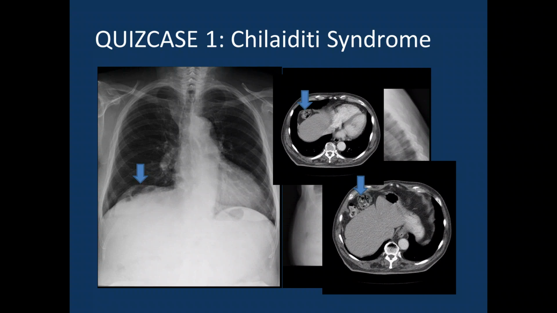He was not very interested in research, but he came with this image to Mr. Holzknecht, and he was very affected by the fact that there are lucencies below the diaphragm, and this is air. It cannot be a cyst because it is gas.